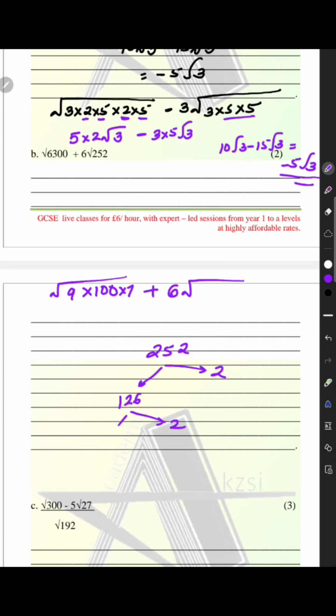This is 2, then 63, and we know 63 is 9 times 7, and 2 and 2 are already in pairs.